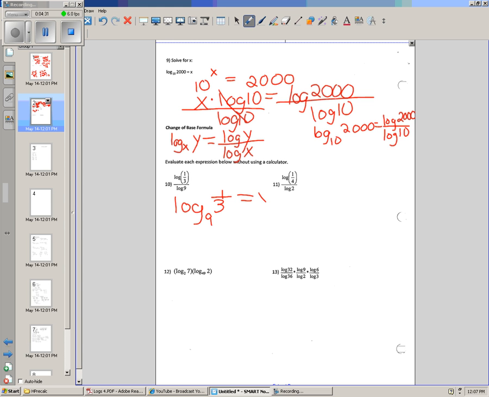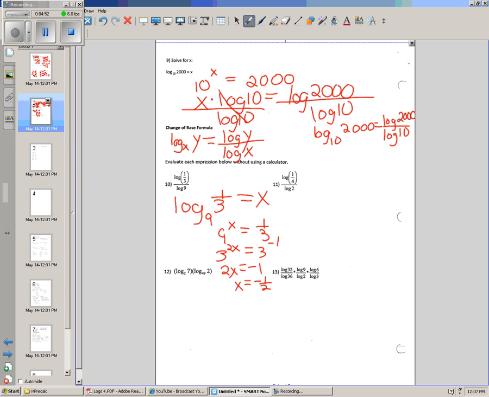Now that's equal to some number. So we can say, okay, 9 to the x equals 1/3. If this is tricky for you, you can rewrite both sides with the same base. So you have 3 to the 2x equals 3 to the negative 1. So 2x equals negative 1, so x is negative 1/2.